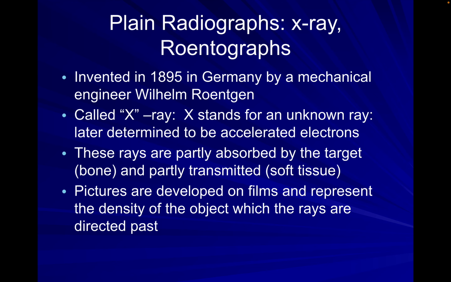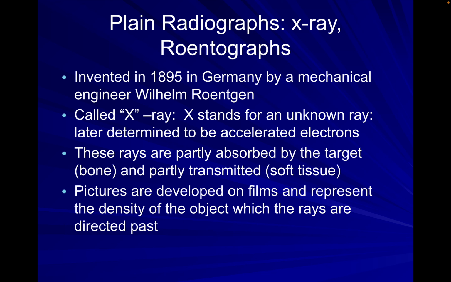We'll start with the X-rays, or what's called the plain radiograph, invented originally in 1895 in Germany by an engineer, Wilhelm Röntgen. And I understand that the X in X-ray originally meant that it was sort of an unknown ray, which we later determined was accelerated electrons.